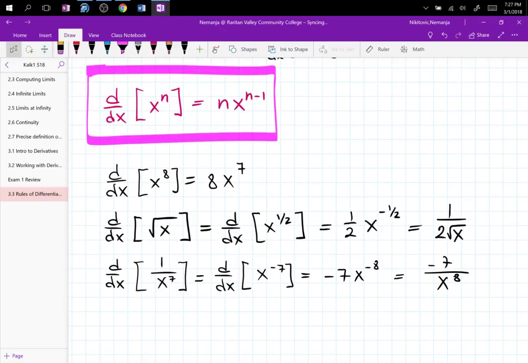So this is, in one spot, the use of the formula which covers a lot: the polynomials, rational functions, and radical functions at the same time. One rule covers them all.